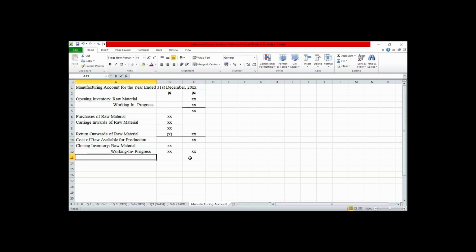That is cost of raw material consumed. We now add direct expenses. What are the examples of direct expenses? We have wages.